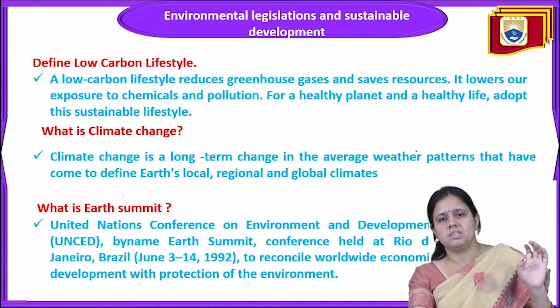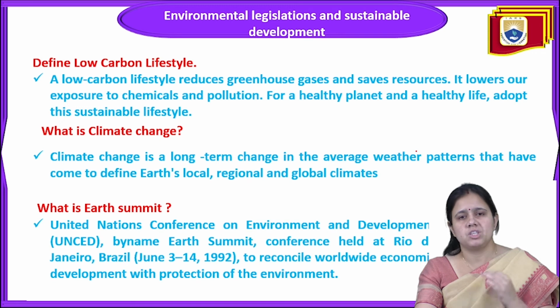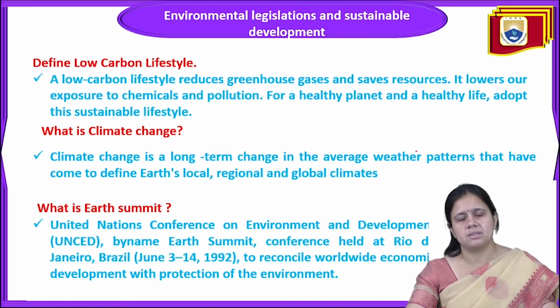Due to this, the average weather pattern has changed. Sometimes when it is monsoon season, at that time too much heat is there. This is a very common example. We can see in Delhi, North India, this is monsoon time, but the temperature is very high. Like in the past 5 years, the maximum temperature was 40-42, but nowadays we can see that Delhi's temperature is crossing 50 degrees Celsius.